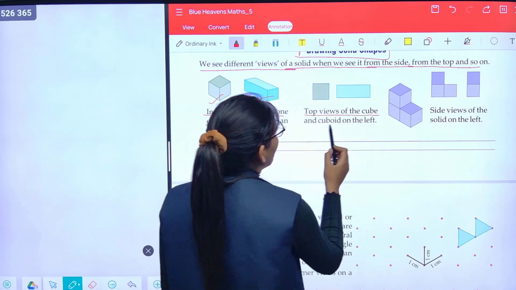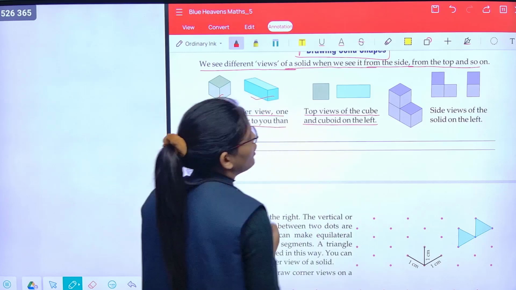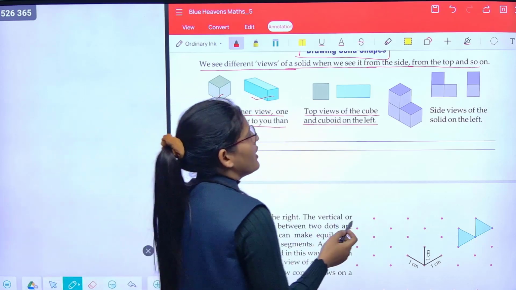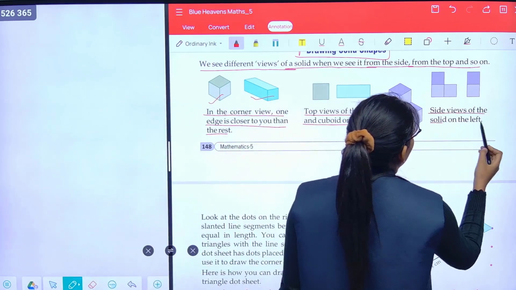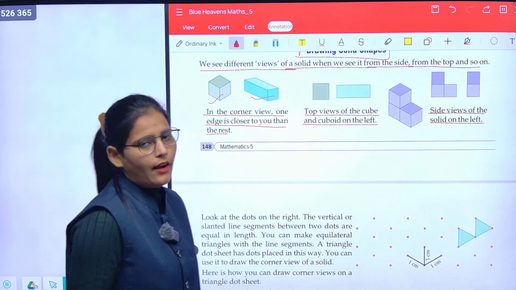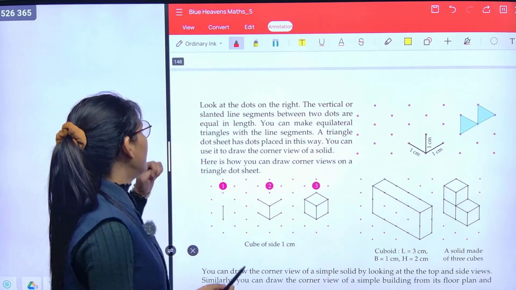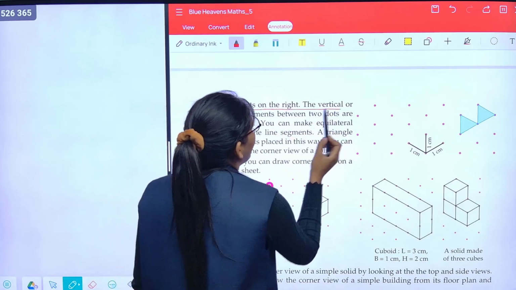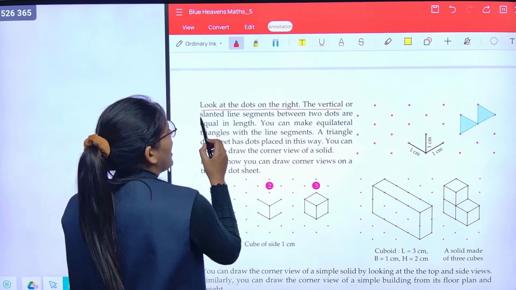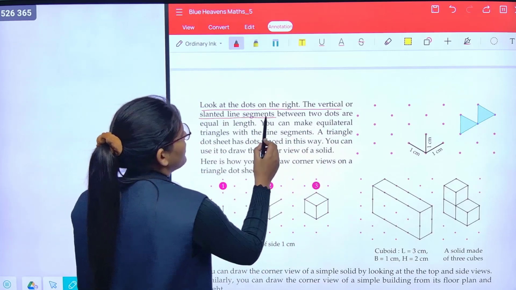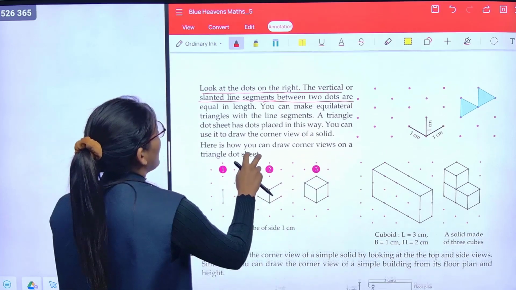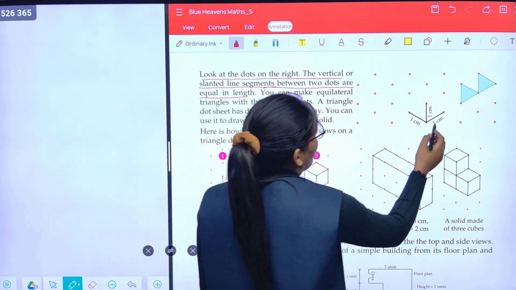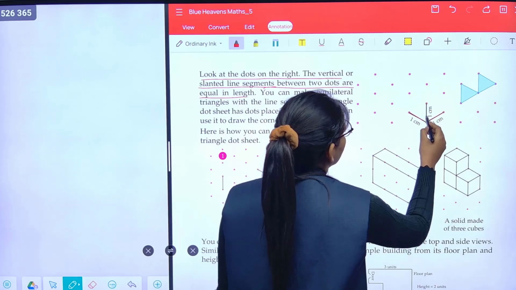Top views of the cube and cuboid on the left. Now, side views of the solid on the left. Now, look at the dots on the right. Vertical or slanting line segments between two dots are equal in length.